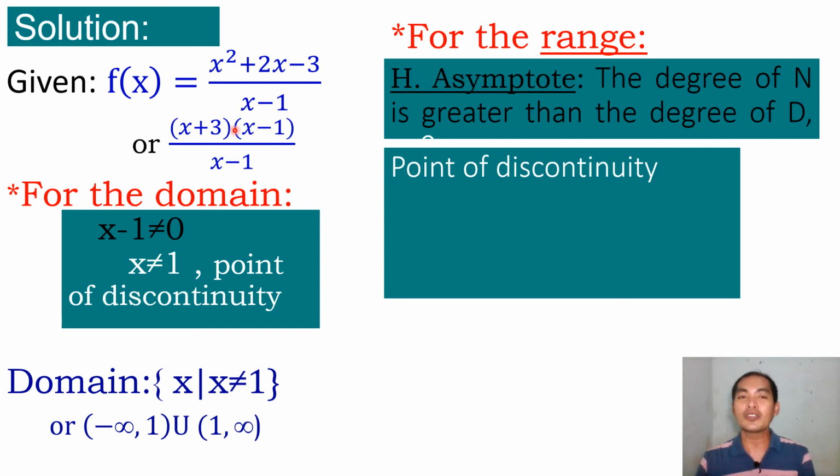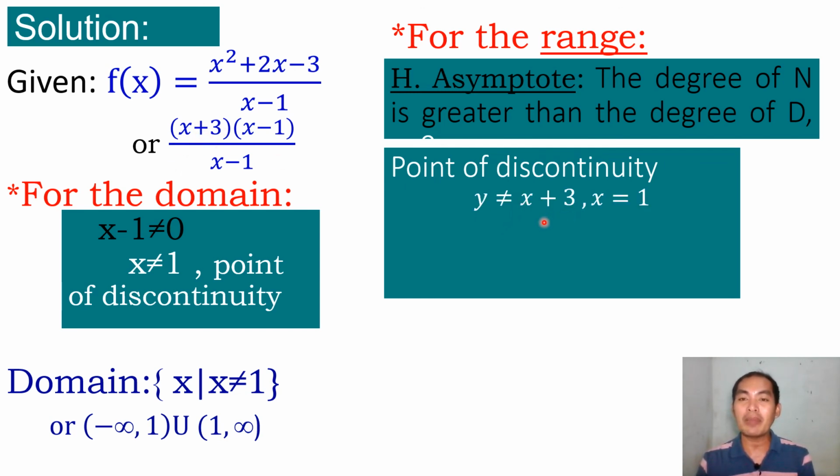I said, to solve for x of a point of discontinuity, just solve that factor na kinancel for x. Yung x minus 1 equals 0. So, x equals 1. Yung 1 ay isusubstitute sa remaining factor na natira sa function. Ang natira na lang dito ay x plus 3.